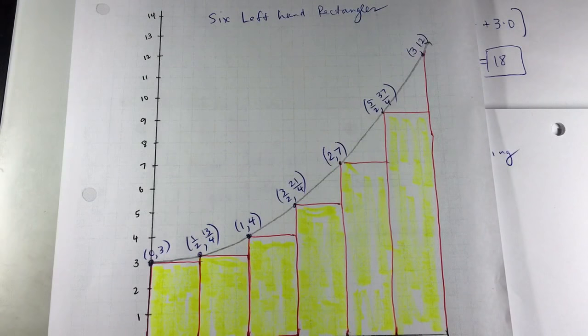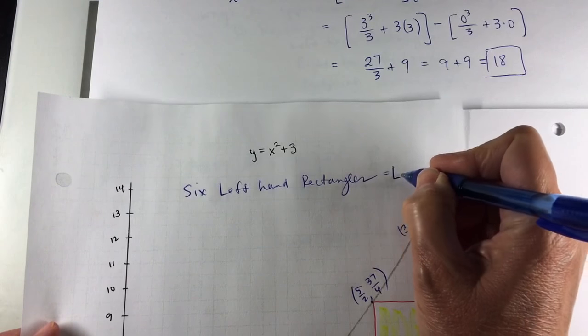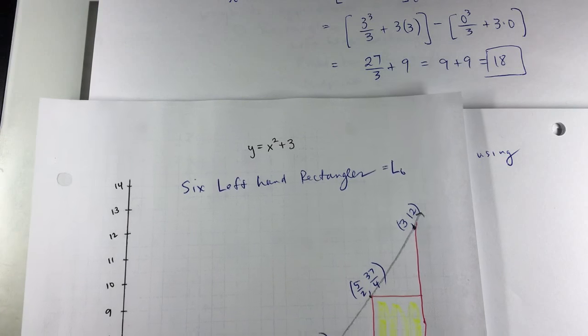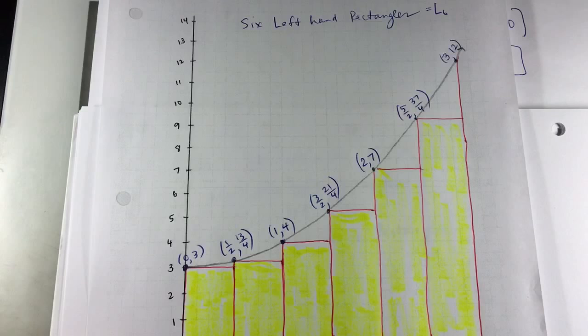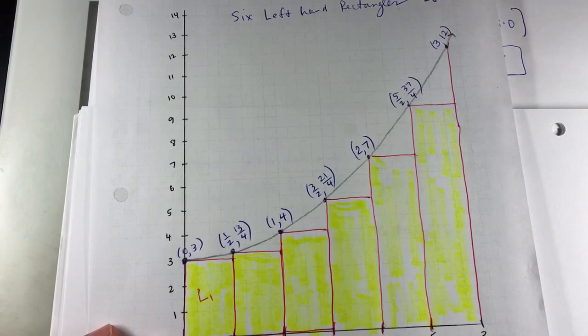Now, your book does this. Your book for 6 left-hand rectangles, they call this L sub 6. And they mean you are using 6 left-hand rectangles. Now, I use a little different notation. I like to call this one L number 1.